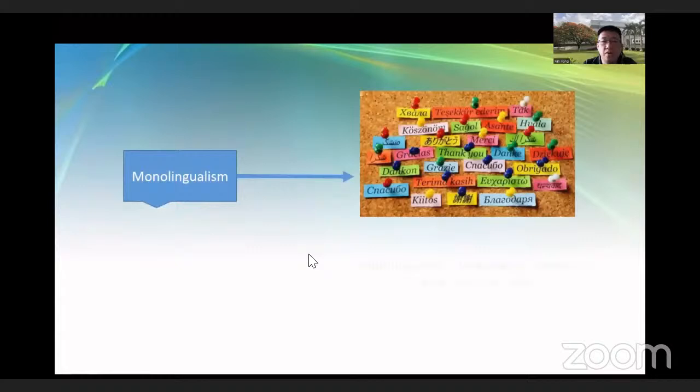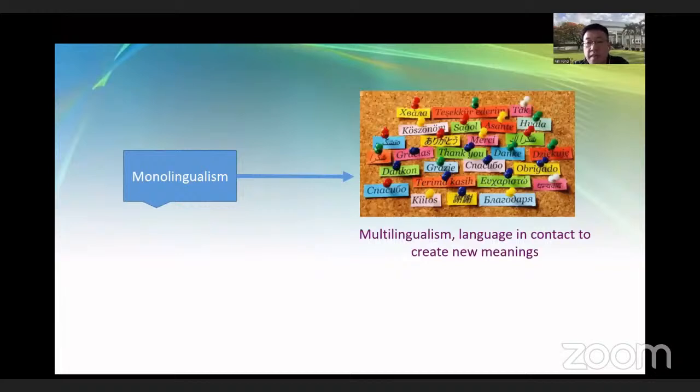So starting from monolingualism, that's from a more fixed standard of language use, to multilingualism, that is, language in contact to create new meanings. Here, from the perspective of translanguaging, language itself should no longer be viewed as codes, right?